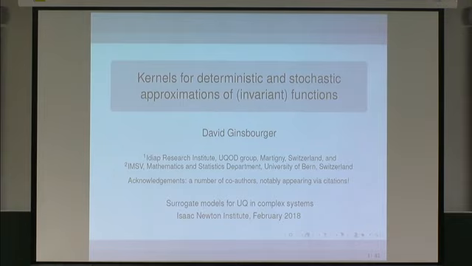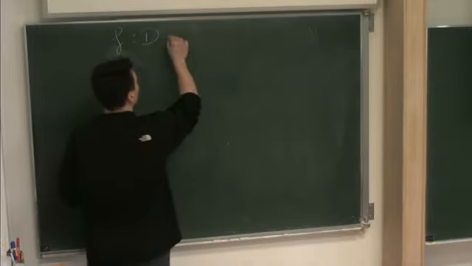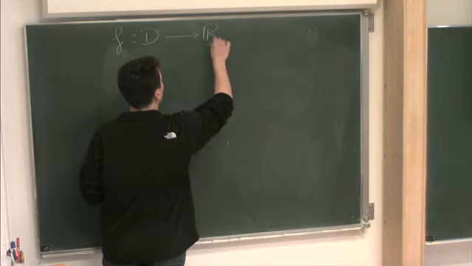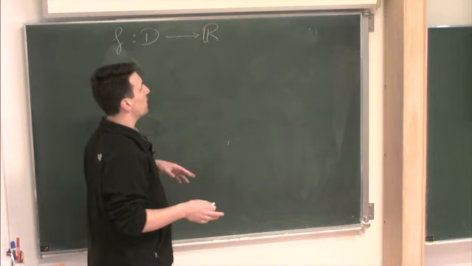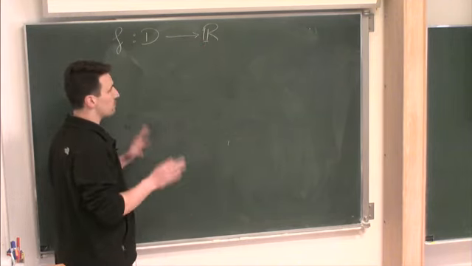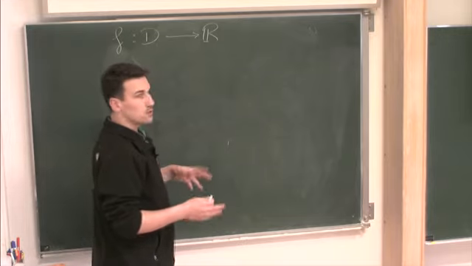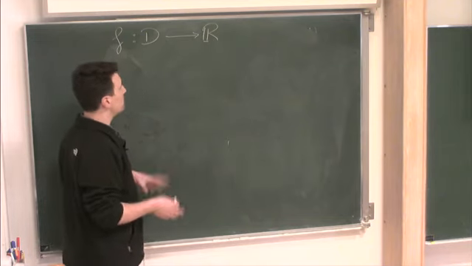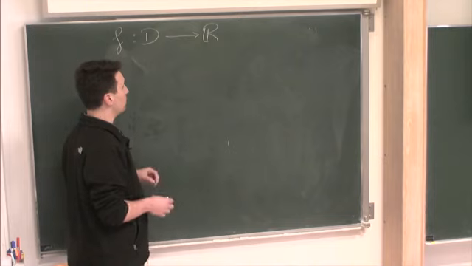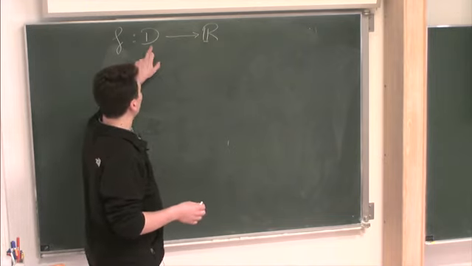So the setup I will focus on during the whole talk is when you have a function f, and you're interested in a function f that goes from some domain D to, say, R. We could generalize a number of things here to multivariate or more general settings, but for the sake of simplicity, because most of the results I will present will be dealing with the real valued output case, I will concentrate on that.